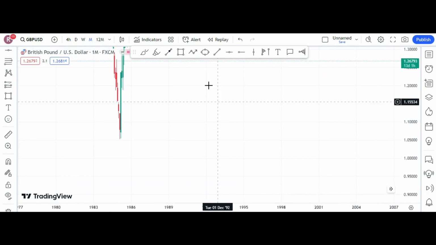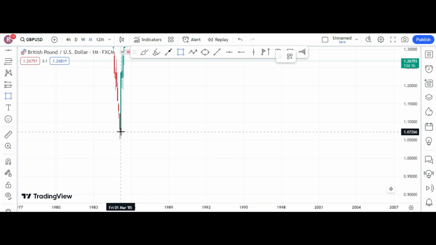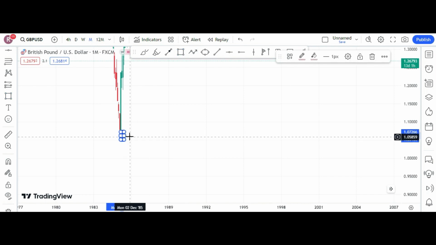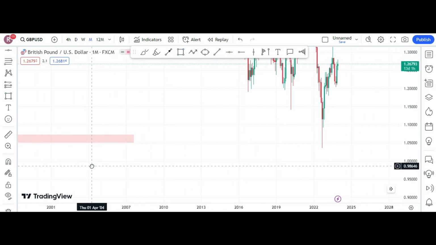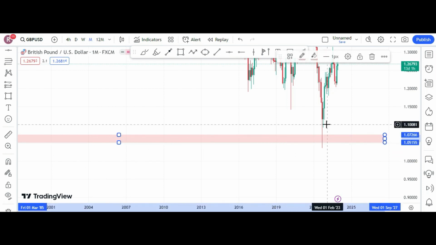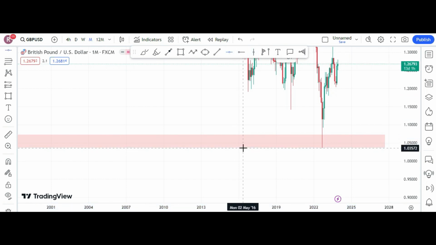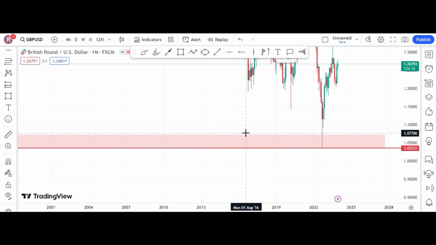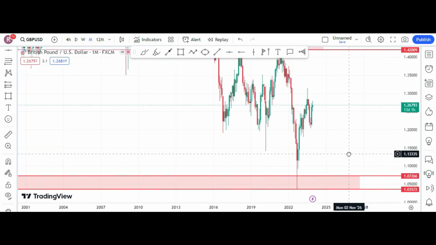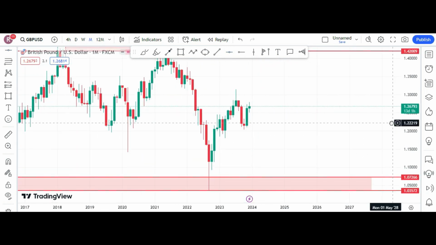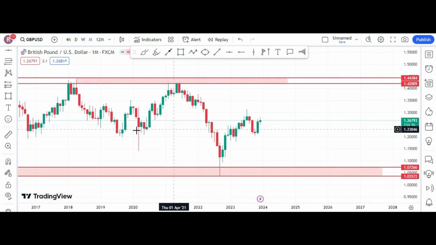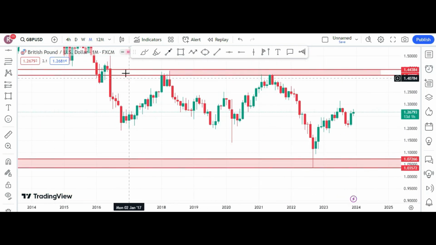This is the place from where it has been created actually. If we draw it, you can see this is the place where the double bottom has been created. Let's also mark it for our analysis. So this is what happened, and if we measure the current depth, it is ranging for a long time.